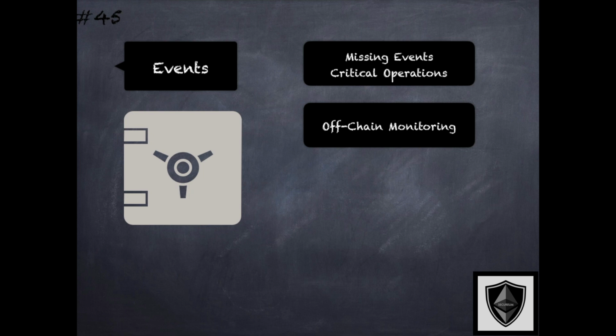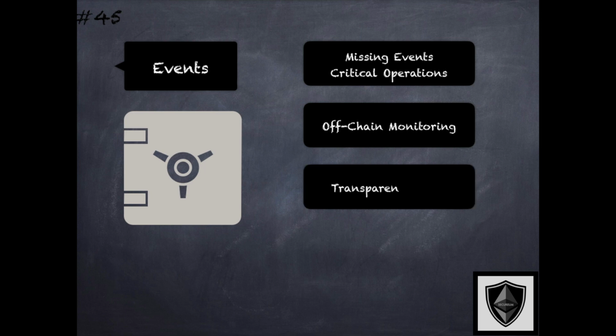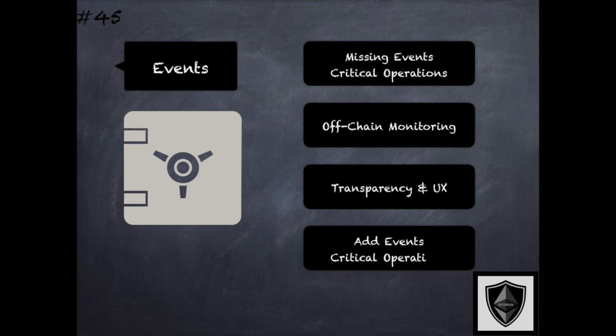And this is an easier way to understand the state of the smart contracts without having to query the contracts themselves. These events become very important from a transparency and user experience perspective. And so the best practice is to recommend the addition of events in all places within the smart contracts where critical operations are happening.